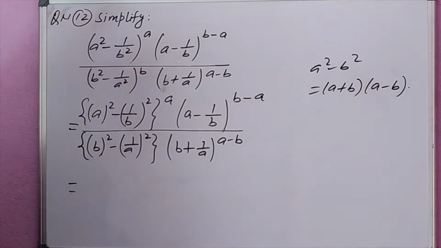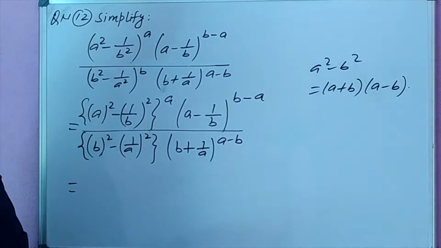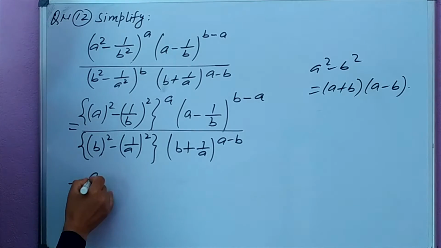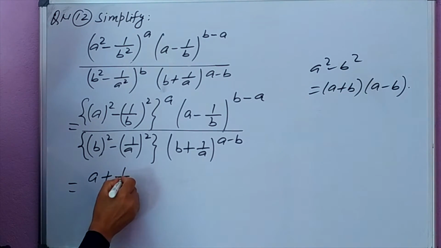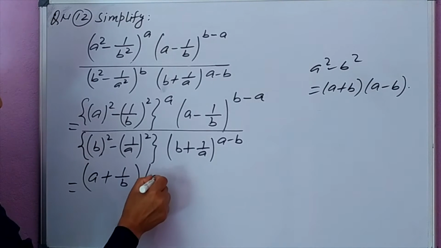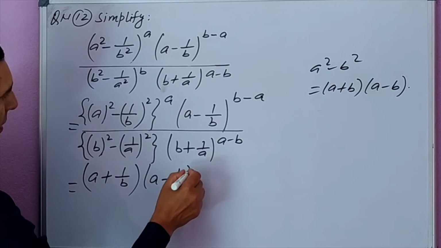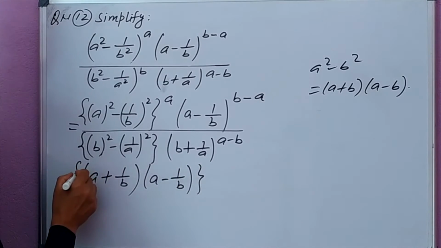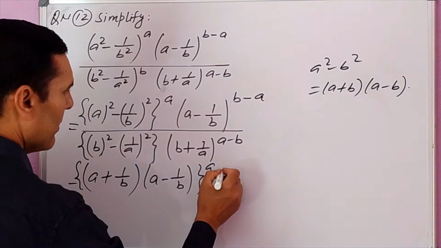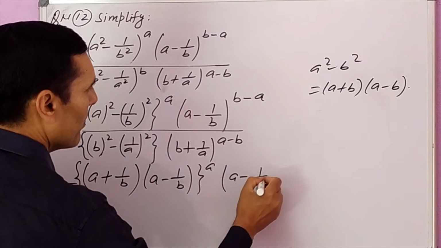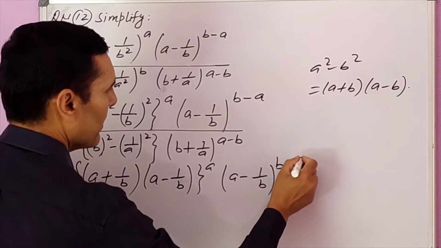So what is our a? A is a. And what is b? B is 1 upon b. So it is a plus 1 upon b, and a minus 1 upon b, and whole to the power a as it is. And this a minus 1 upon b to the power b minus a also as it is.